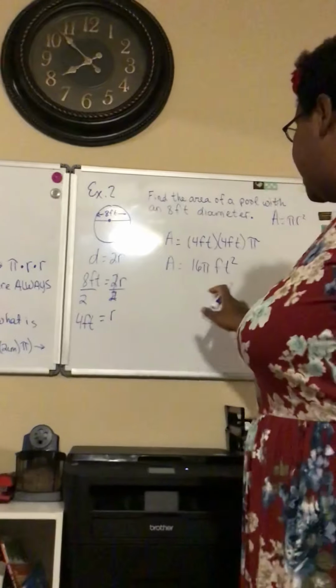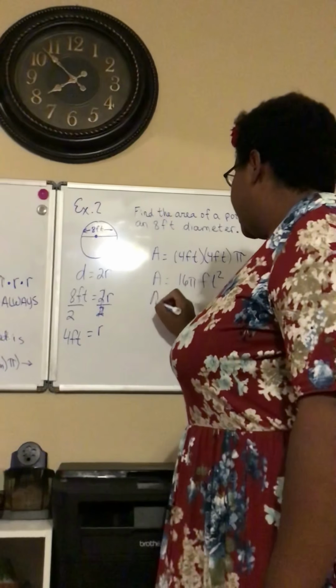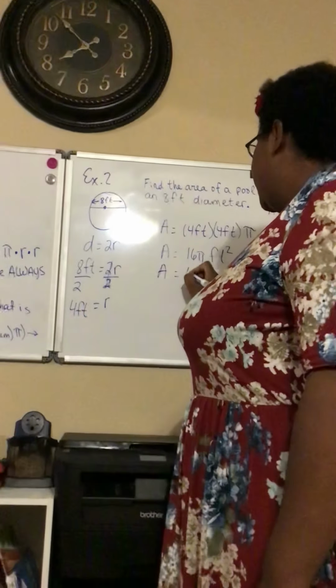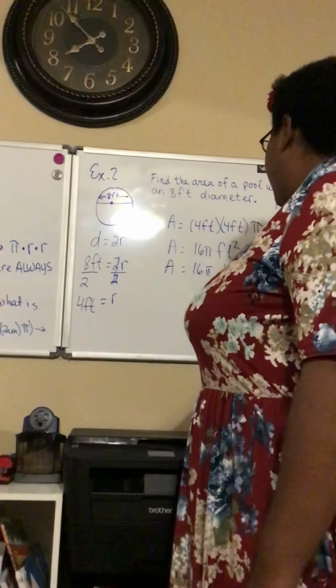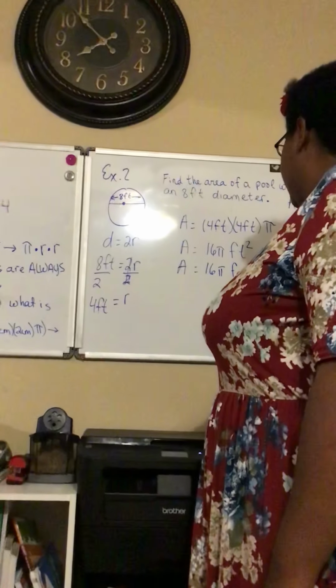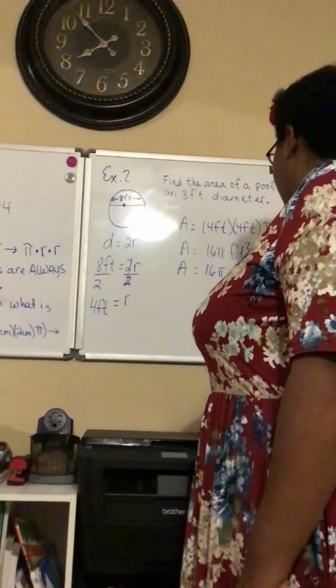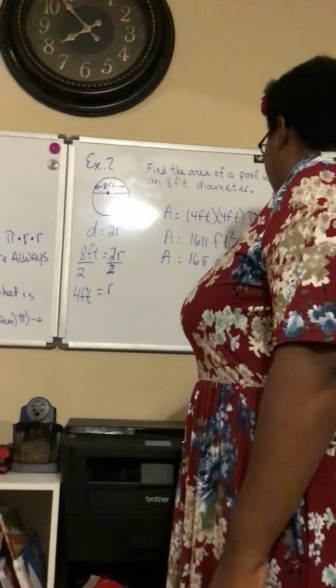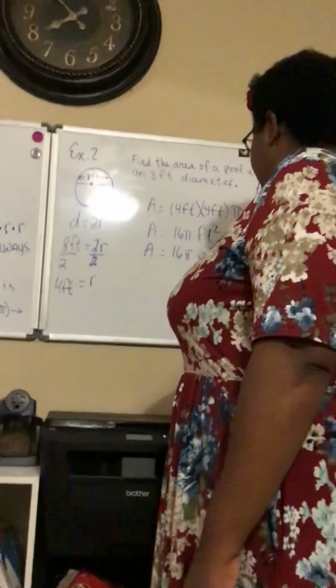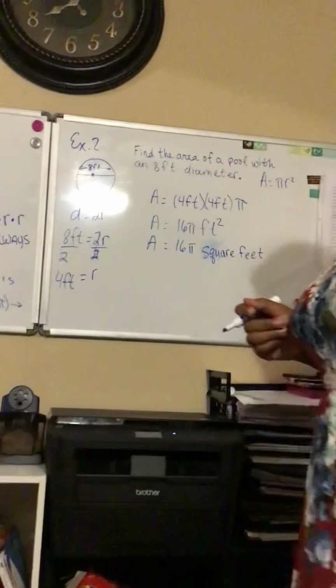And sometimes in the answer you will see it written like this: area is equal to 16 pi square feet. This is also a correct designation for this answer. Okay?